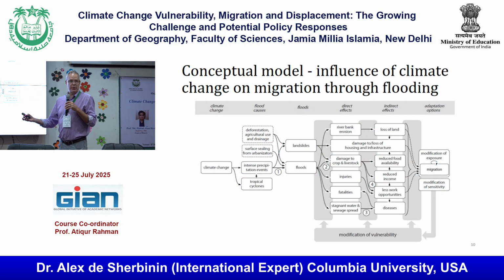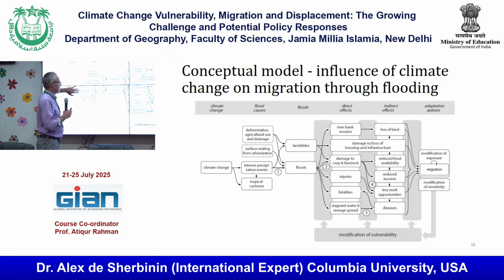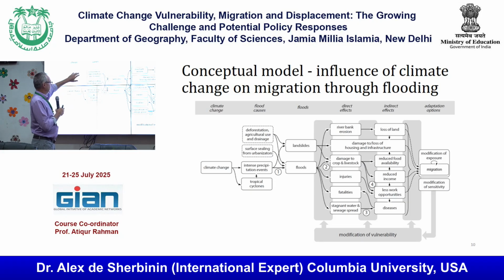This I showed you in the Google Doc, so you already saw these things, but it basically teases out. I don't think this is particularly useful, so you can just ignore this part over here. You don't have to put climate change on your left-hand side. And I'll make a note in a moment about something, but this then causes things like tropical cyclones and intense precipitation events.